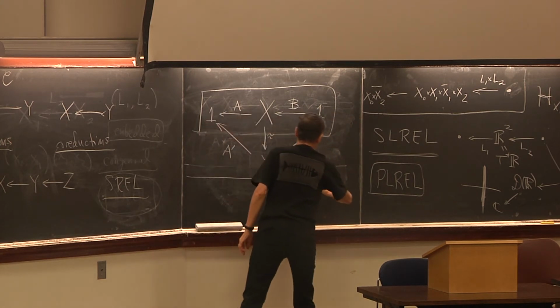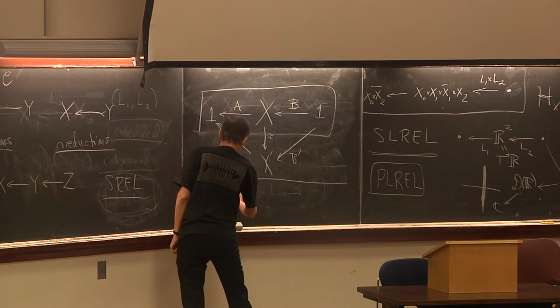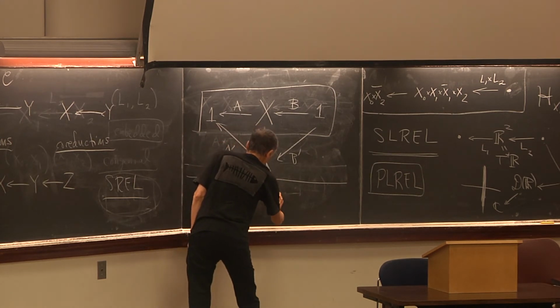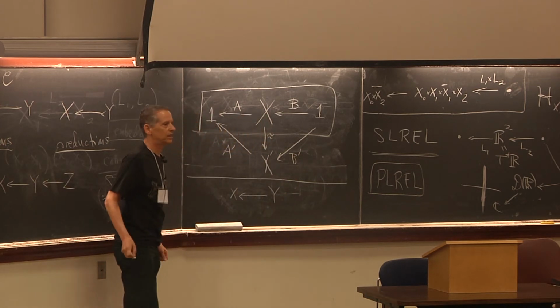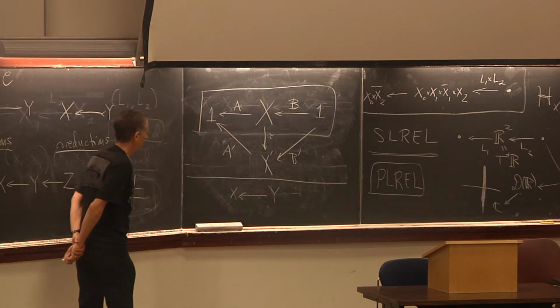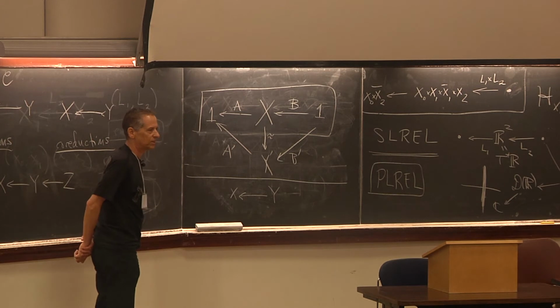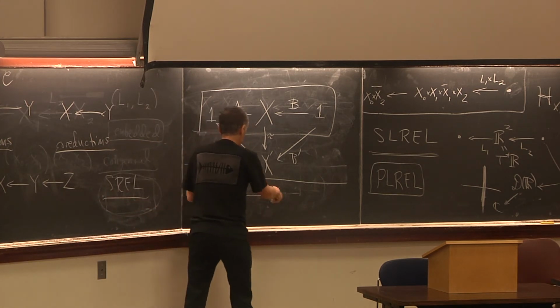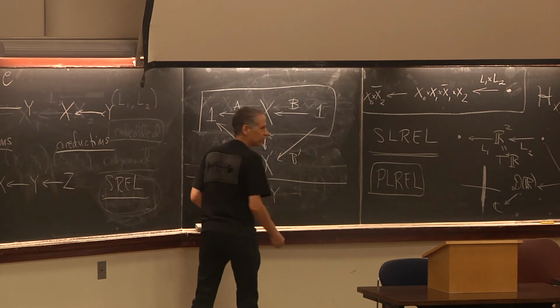If you go back to the original problem of looking at, let's say, symplectic vector spaces and canonical relations, then we can try to classify them up to isomorphism.